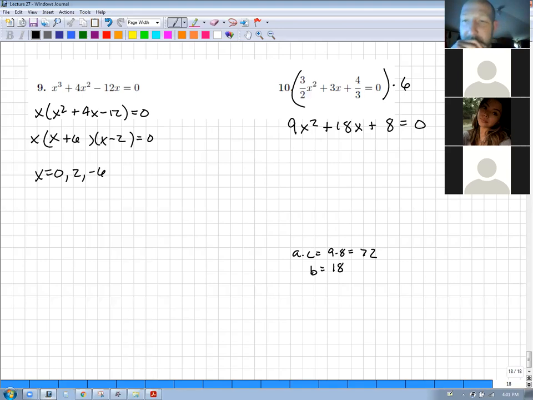So numbers that multiply to give us 72, but add to give us 18. Let's see, 72. So we have 2 times 36. That doesn't work. What about 18?